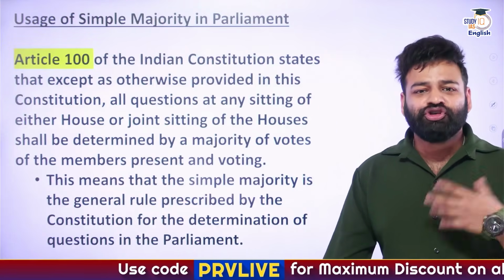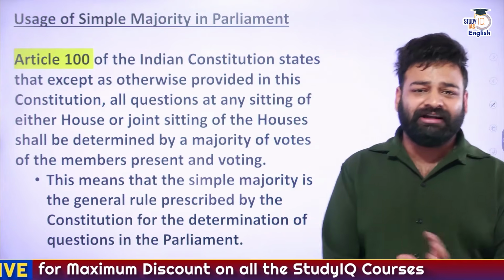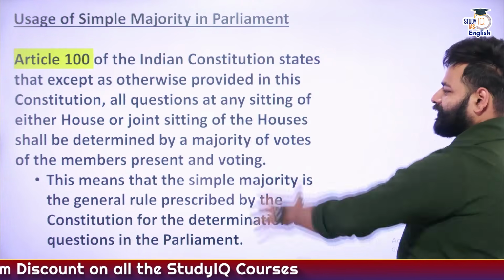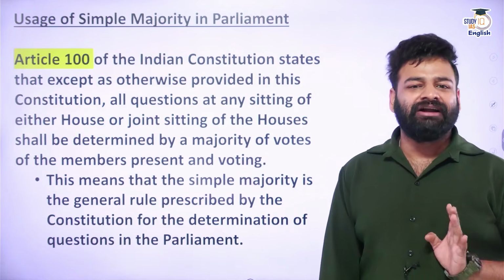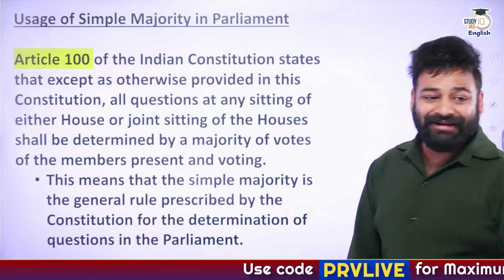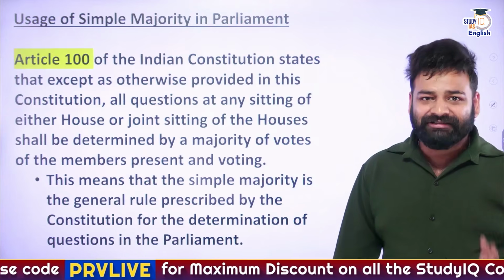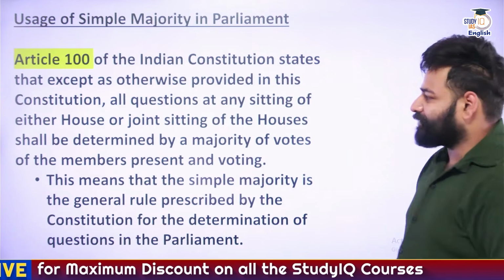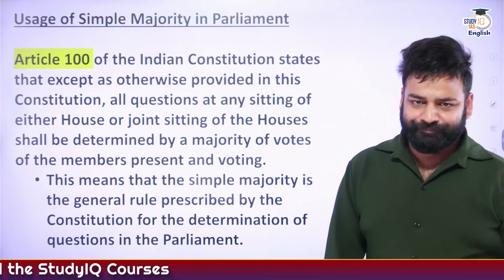Now we move on to the usage of simple majority. As per Article 100, don't worry about this huge paragraph, let's understand it in the simplest form. Article 100 of the Indian Constitution states that, except as otherwise provided in this Constitution, all questions at any sitting of either house of the Parliament shall be decided by a majority of votes of the members present and voting. We use this Article 100 to pass any bill.